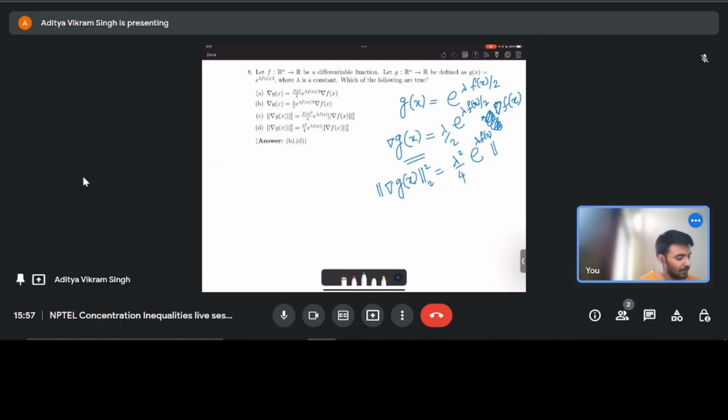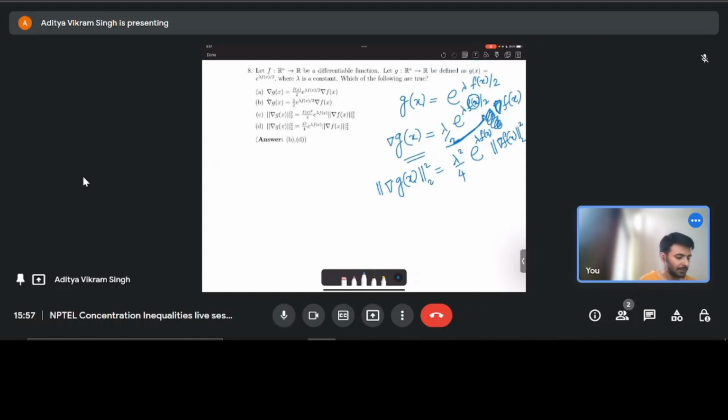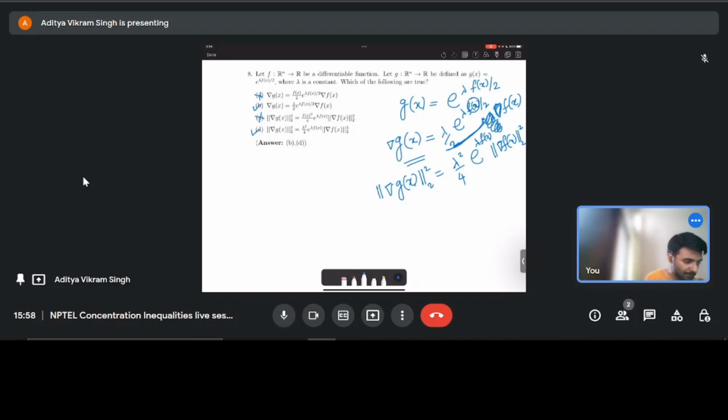The only vector quantity here is the gradient of f(x). Everything else is scalar because f(x) is scalar. So B and D would be the correct options. A and C would be wrong.